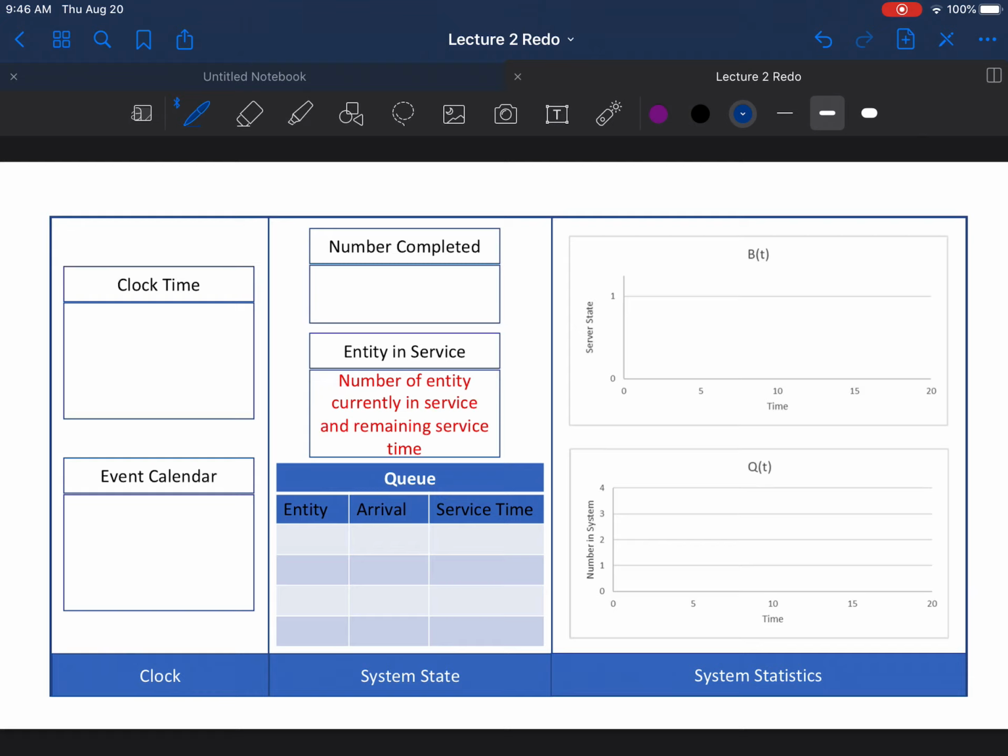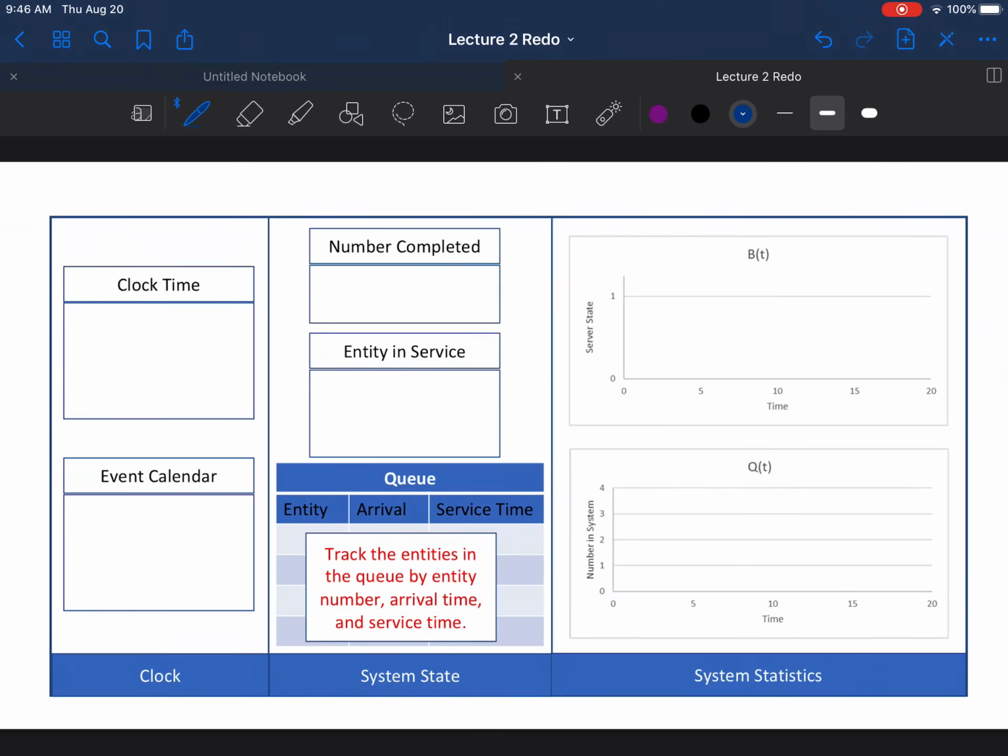So that'll identify which entity, or in this case which drill part, is currently in service, and its remaining service time, the remaining time until it leaves the system. Finally, in this section, we have the queue. That's the number of entities, or drill parts in this example, that are waiting to be served. They also will include their arrival time and their service time, so the time that they arrived in the system and the amount of service time they are going to require from the drill press.